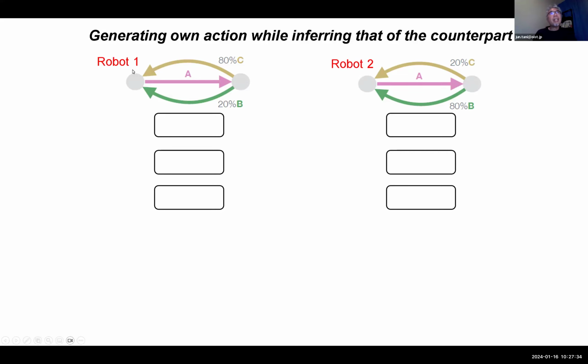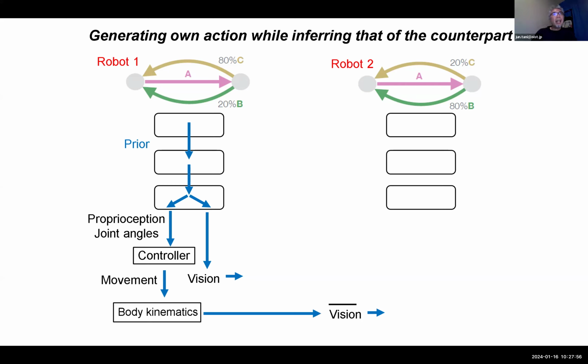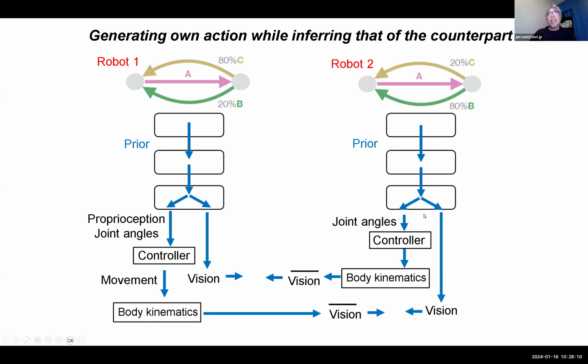Robot one generates its own movement pattern based on the prior, and both proprioception and vision predictions are generated. The predicted joint angle is fed into the controller and the actual movement is generated. The other robot can see the actual movement and predict it. The other robot also generates its prior and predicts vision and all movements.